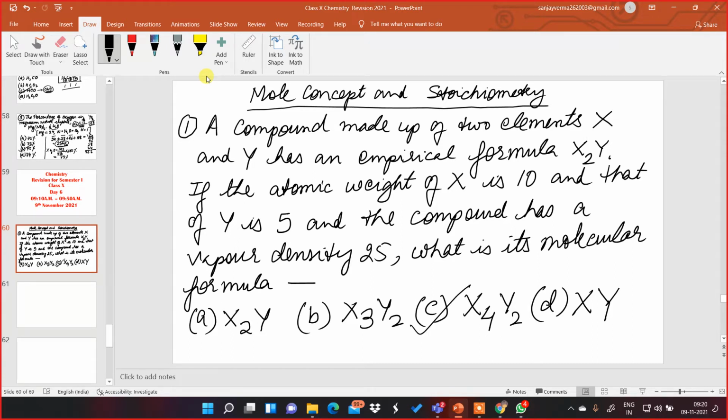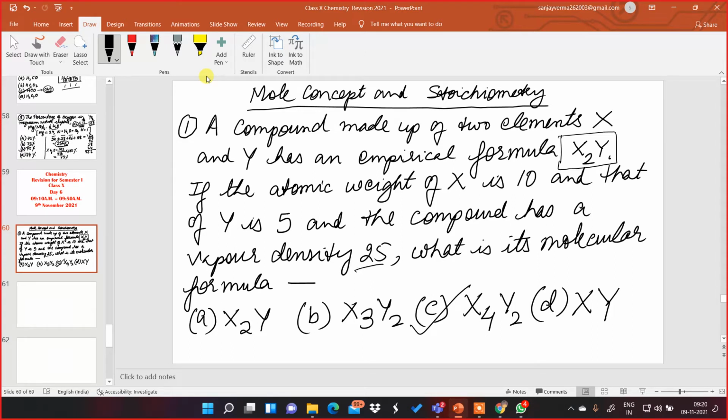But what about the working? There's a compound made up of two elements x and y. Its empirical formula is given x2y. The atomic weight of x is given 10, so 10 twice is 20, plus 5, 25. 25 is the empirical formula mass. Its vapor density is given 25, so its molecular weight will be 50. 25 into 2 is 50.